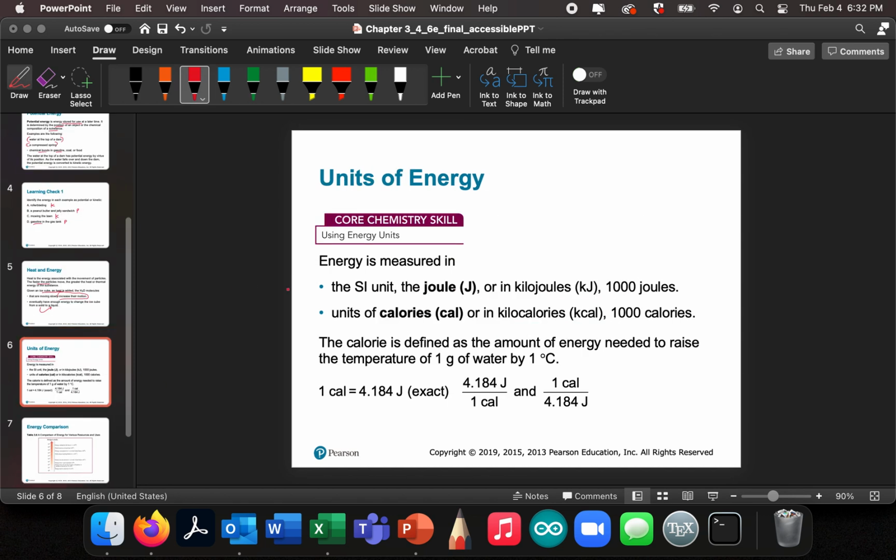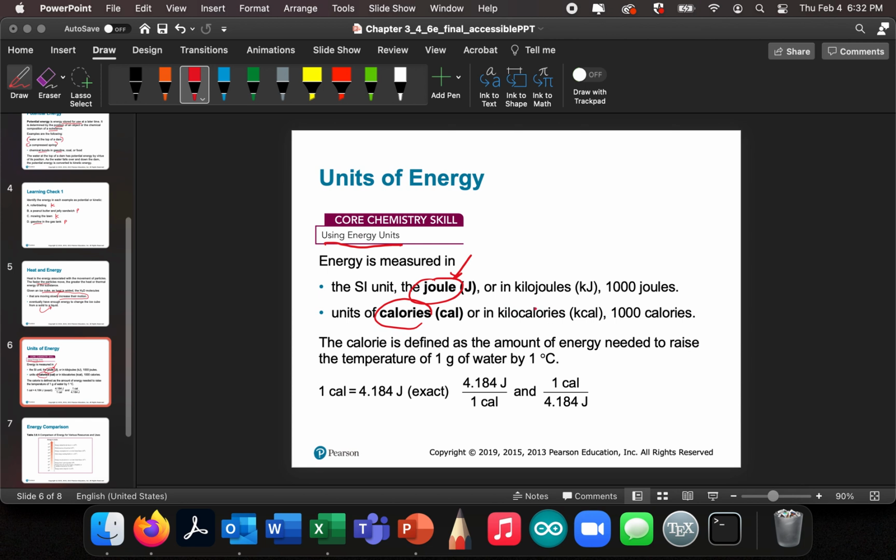Okay, so the units of energy in which we're going to be interested are joules and calories. And so our core chemistry skill is using units of energy. Okay, so the SI unit is joules. You probably haven't heard about that a whole lot. We oftentimes say kilojoules. Calories, you probably have heard about, because that's really common to talk about calories in terms of food, right?